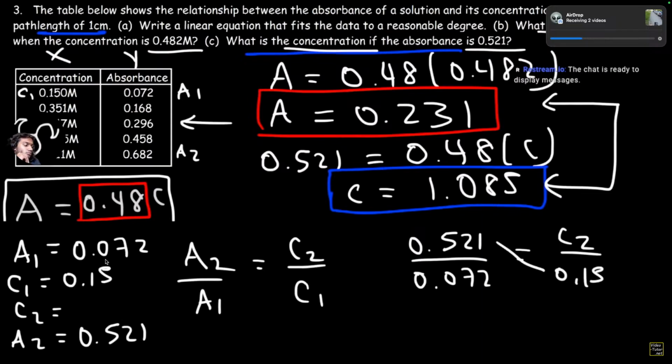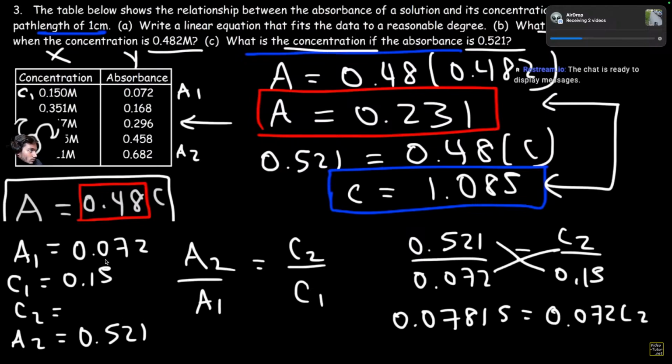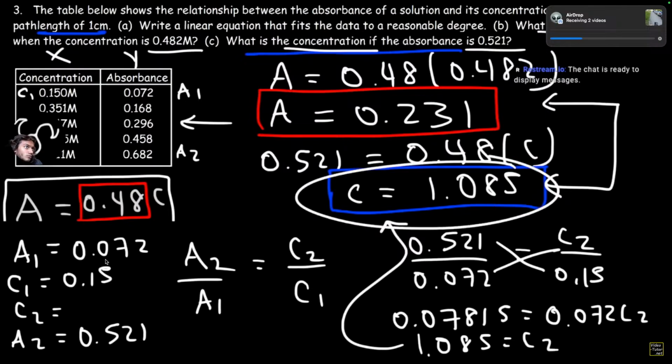So once again, cross multiply. 0.521 times 0.15, that's 0.07815. And that's equal to 0.072 C2. Now, 0.07815 divided by 0.072, that's equal to 1.085. And so that will give us this concentration.